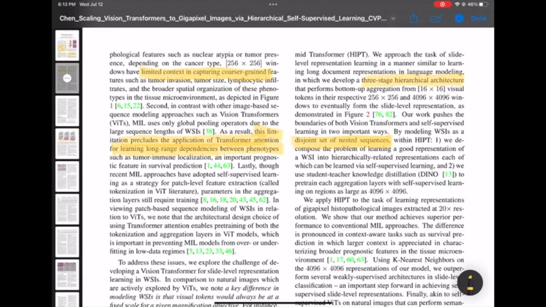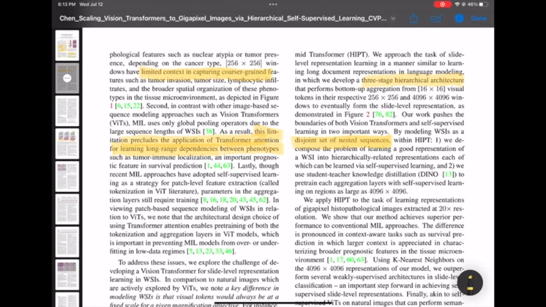The self-supervised learning approach used up to the 4096 by 4096 patch level performs better than weakly supervised methods when they use k-nearest neighbors in the task of subtype classification.